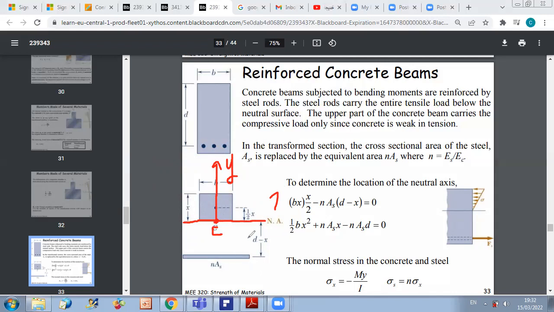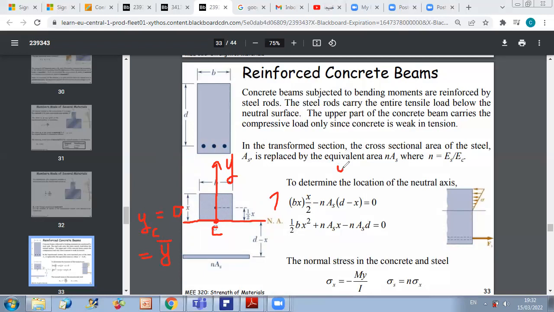Okay, since the centroid is the origin, and we know that the neutral axis should pass by the centroid of the modified section, then what we will do is set y of c equal to 0, equal to y bar of the section. And how to calculate y bar of a section?